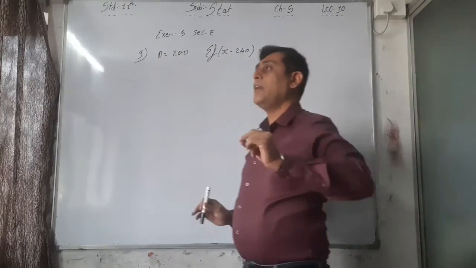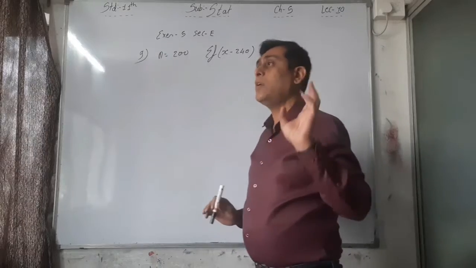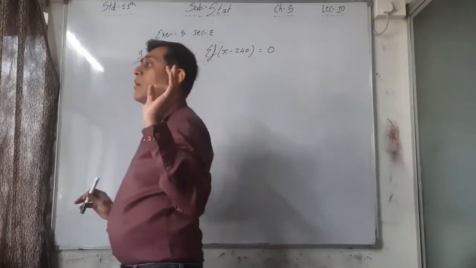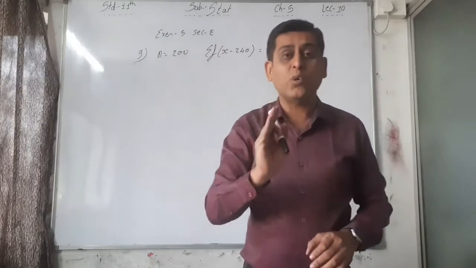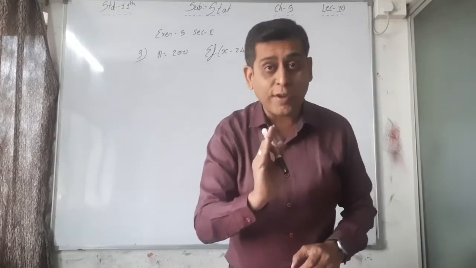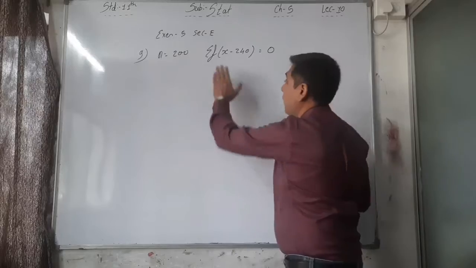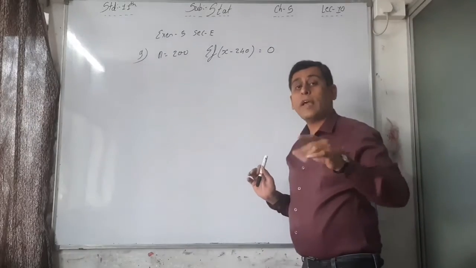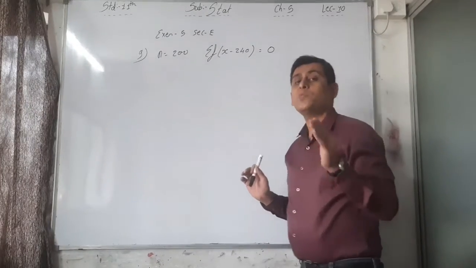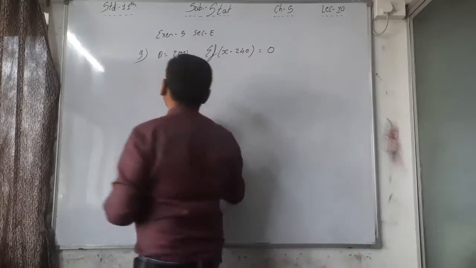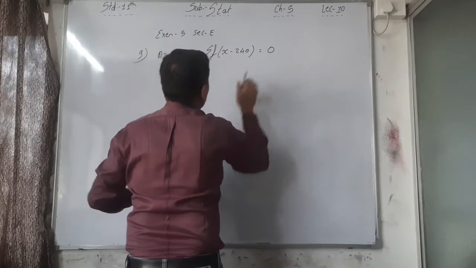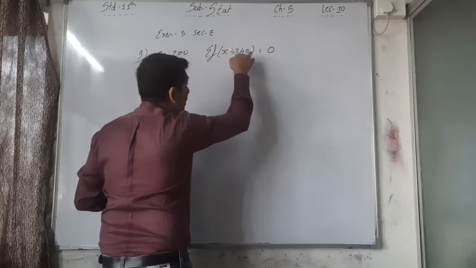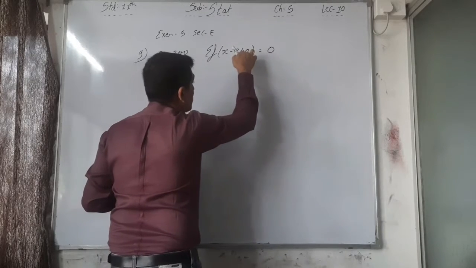See, x minus x bar: in our 3rd chapter and also in our 4th chapter, I told you sigma x minus x bar is always 0, always, right? So here sigma f into x minus x bar is also 0. So if sigma f into x minus 240 is equal to 0, that means here this one is your x bar.